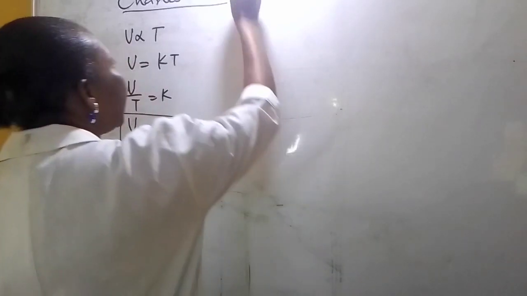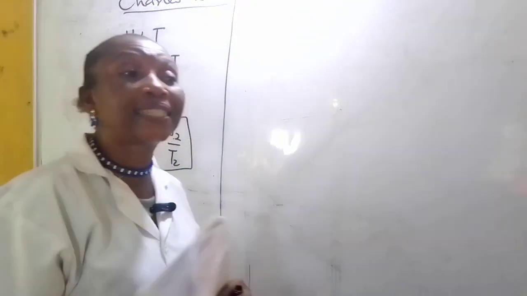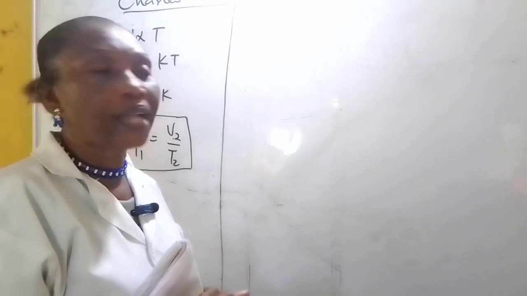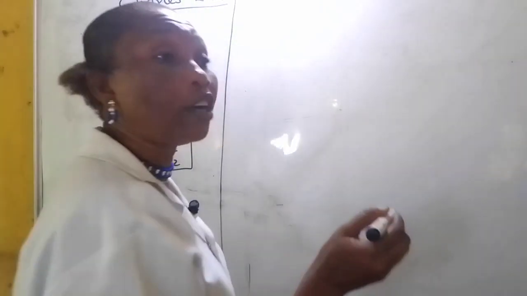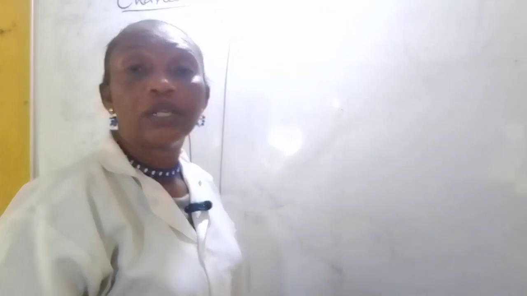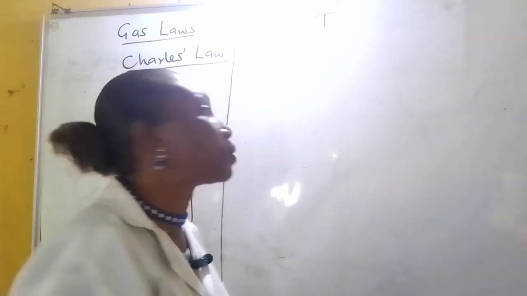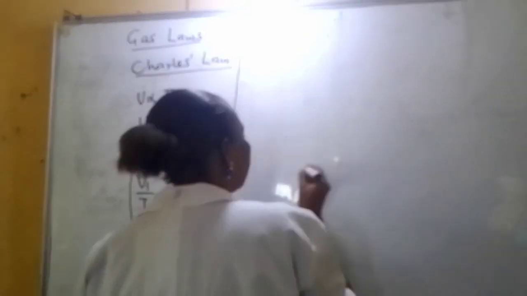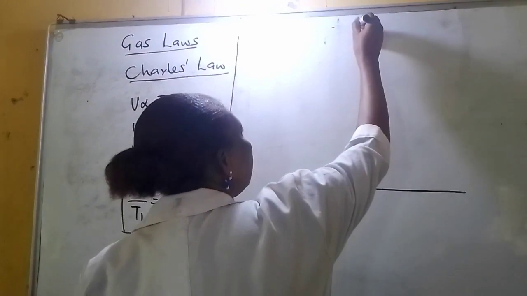If you are drawing this graph, it's better you start with a T that is upside down. We know that you write T like this, but if you want to draw Charles law, you will draw a big T, but that T will be upside down. That's my T in an upside down position.